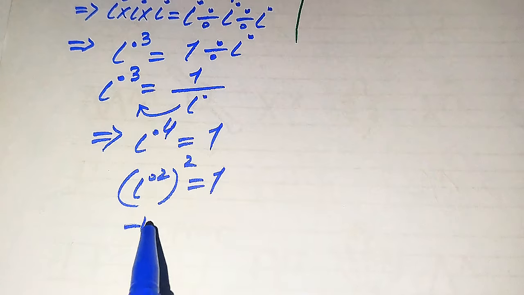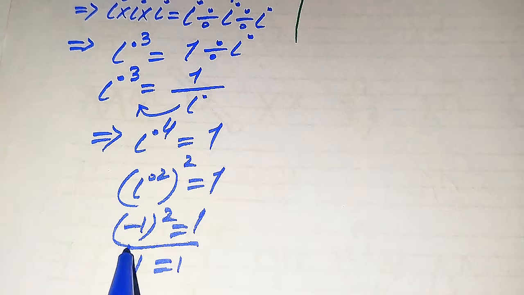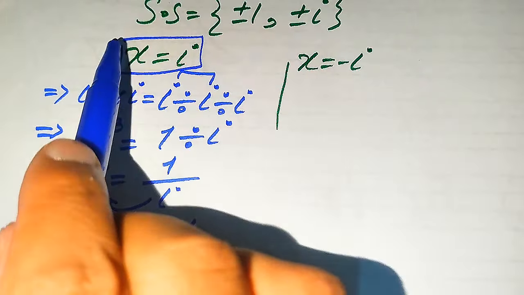We know that iota square is minus 1, minus 1 square is equal to 1, and it becomes 1 equals 1. So this shows that the value x equals iota satisfies our given question statement.